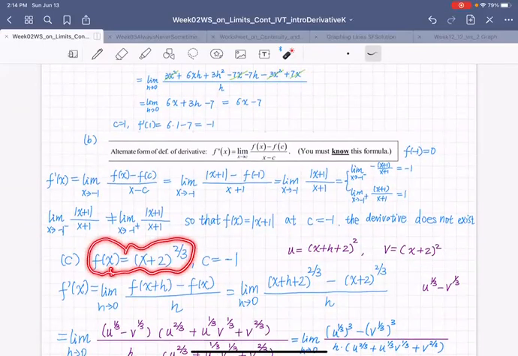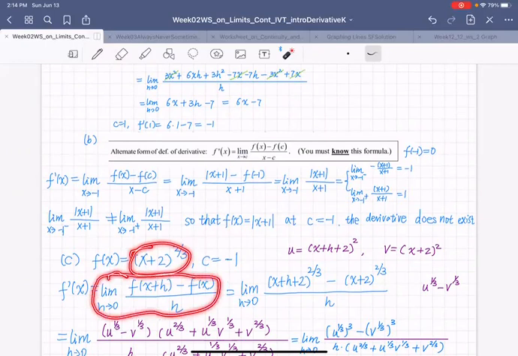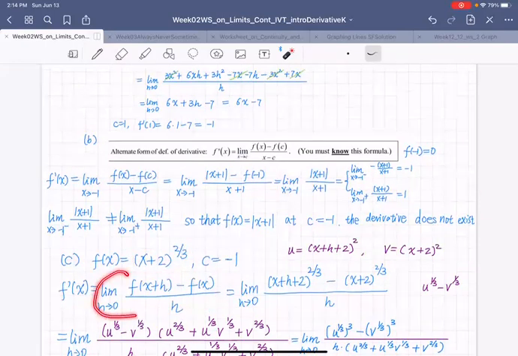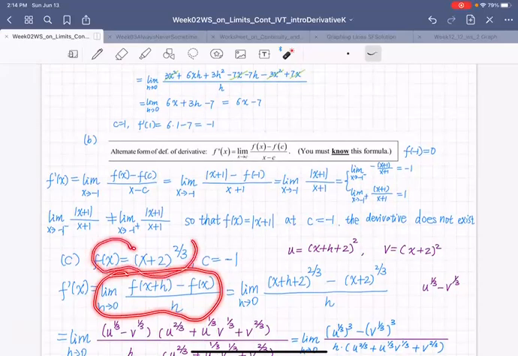Maybe we have some really smart kid in this class who can find this using the definition of derivative. Let's use the definition to find the derivative here. You can give a try.